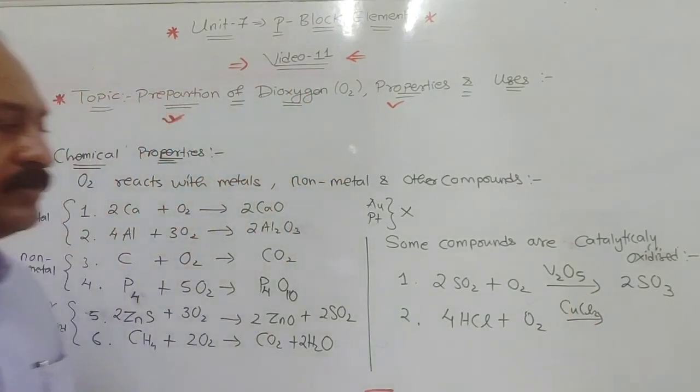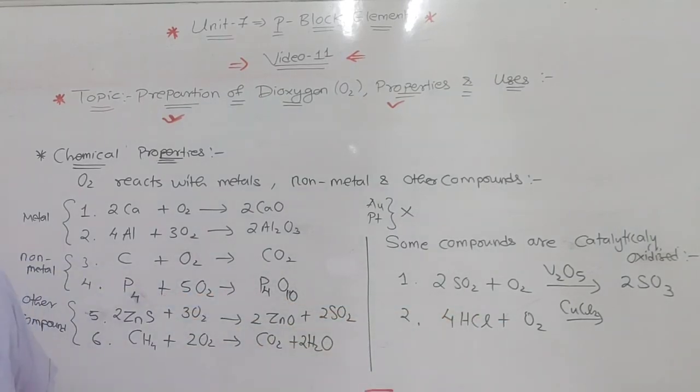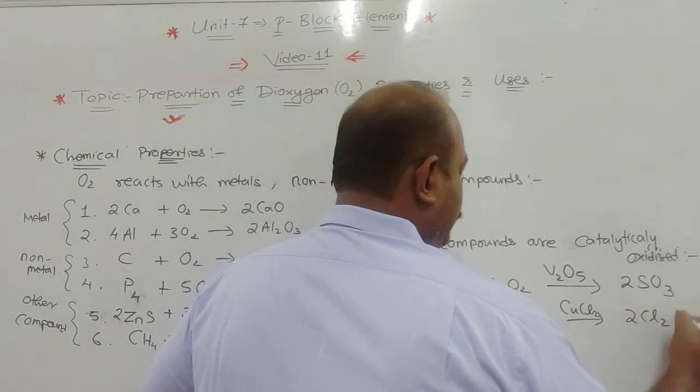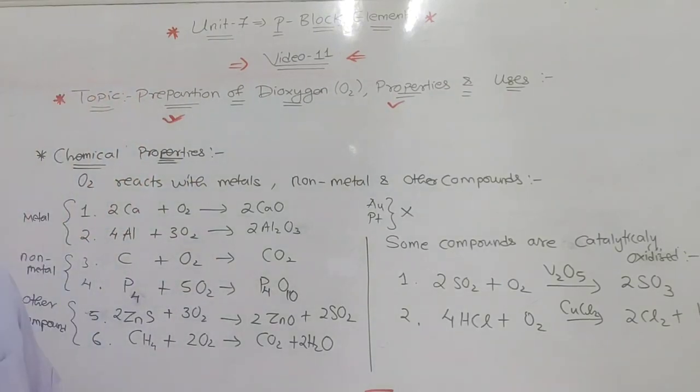Here CuCl2 is used as a catalyst. You will get 2Cl2 plus 2H2O. So this is the reaction given for some compounds being catalytically oxidized. That is given in your textbook. You can go through it. It is a very simple reaction.